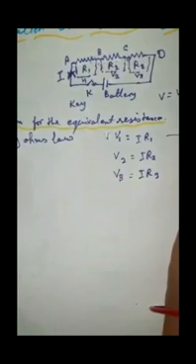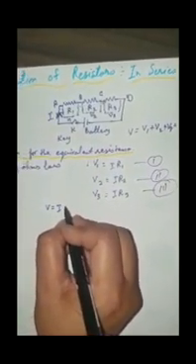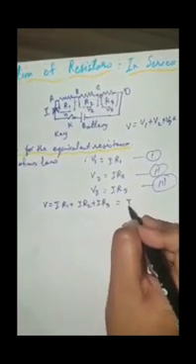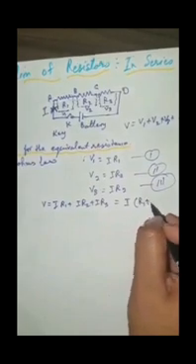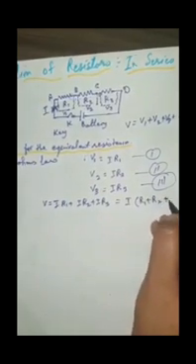Now adding all these three equations, we will get V is equal to IR1 plus IR2 plus IR3. Take I common, so we will get I into (R1 plus R2 plus R3).